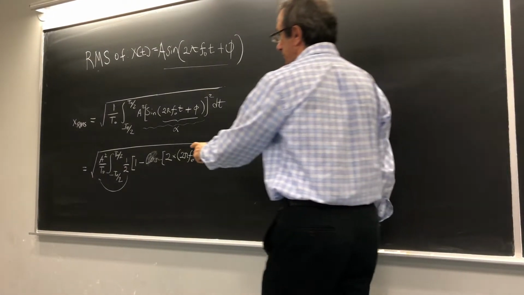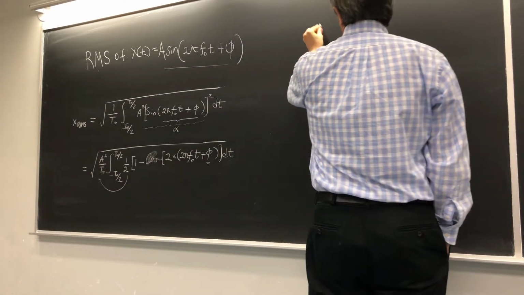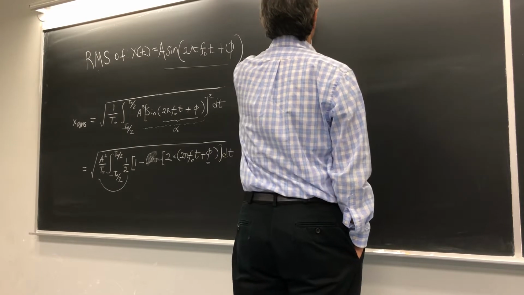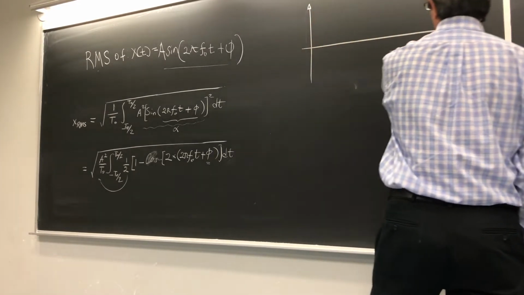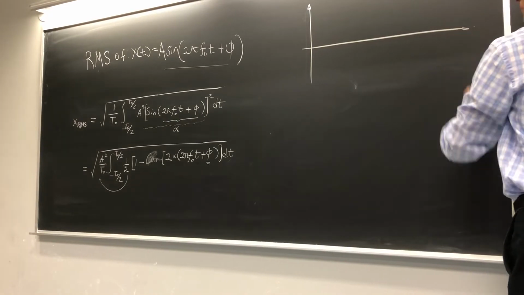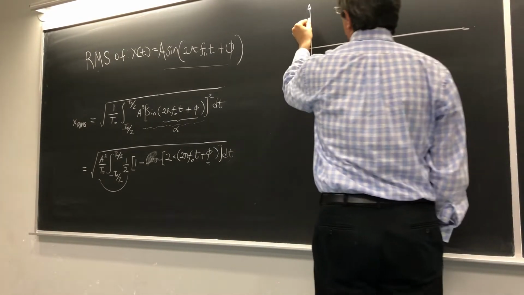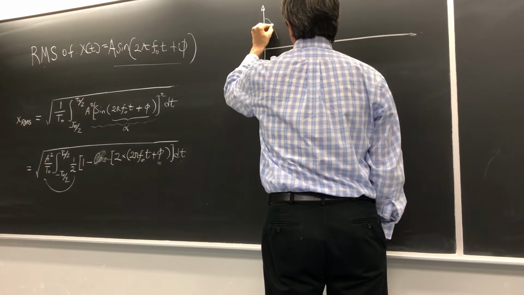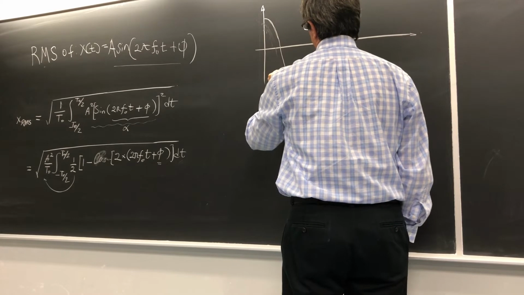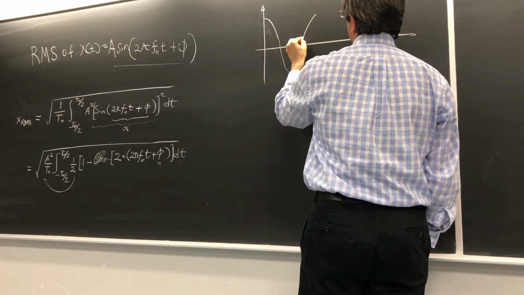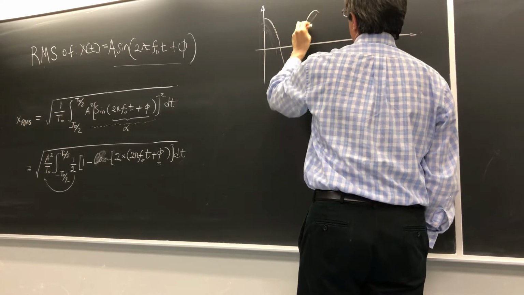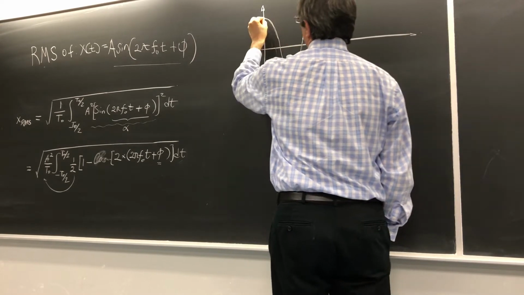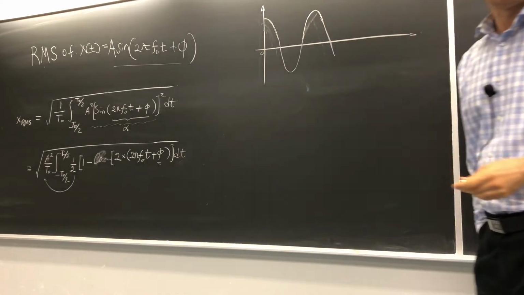We're going to take the integral of a cosine function. If that constant angle phi would be 0, then the cosine function would start from its peak value at t equals 0, right?